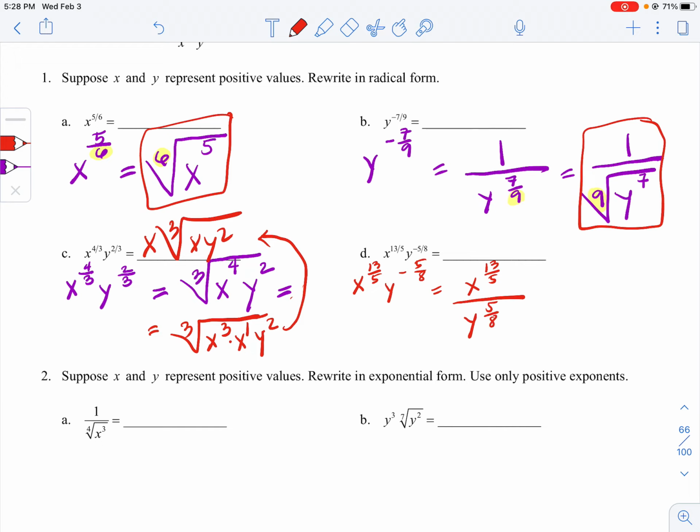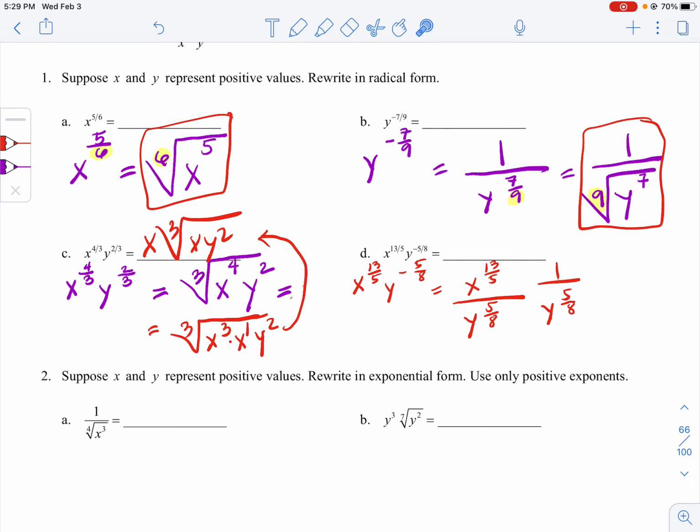Miss, that doesn't seem like the same as what you did in B. Because in B, you put this on the bottom and you put 1 on the top. So technically, that's what I did. Because if I put the 1 on the top over here, if I do 1 over y to the power of 5 over 8, so that means I have this times 1 on the top.